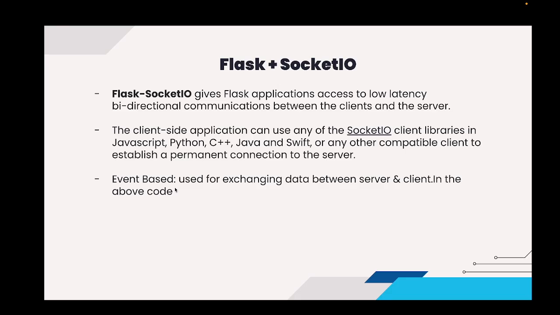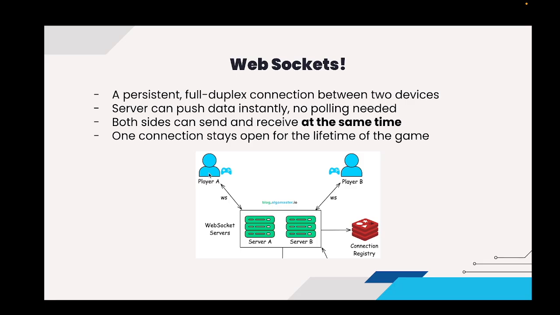SocketIO is event-based, so you can imagine we have this pipe. We have our client, which is looking at Tic-Tac-Toe. We have our server, which is actually organizing the game. It has the Tic-Tac-Toe game, like it has the game state loaded in memory. And we have this pipe, which is our socket connection.